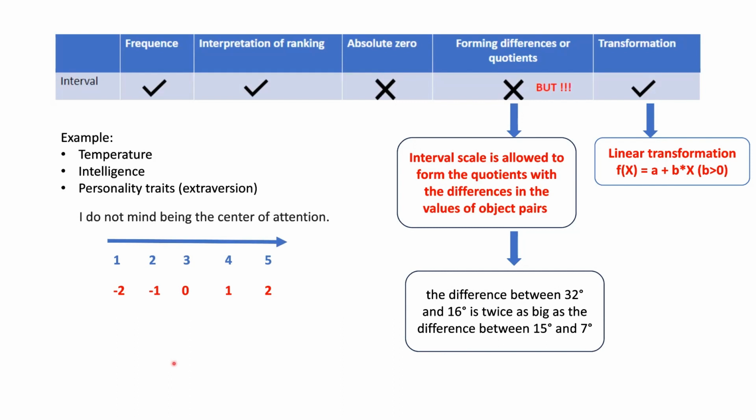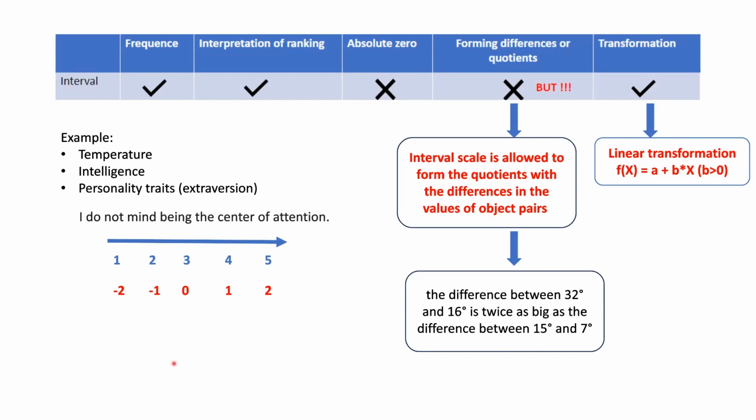But we cannot say 32 degrees Celsius is twice as warm as 16 degrees Celsius. Nor can we say person A is twice as intelligent as person B. It doesn't make sense.